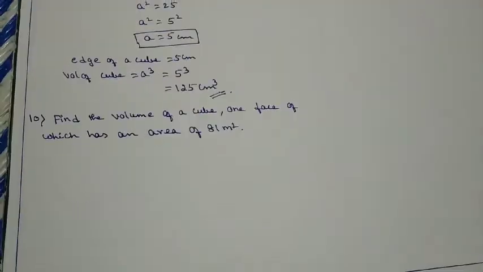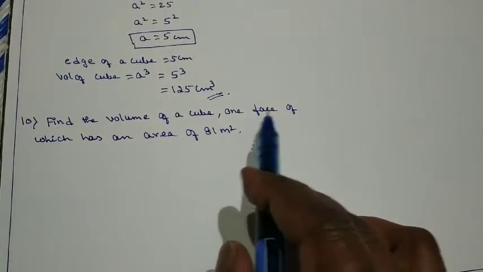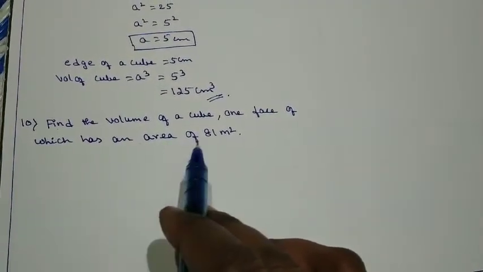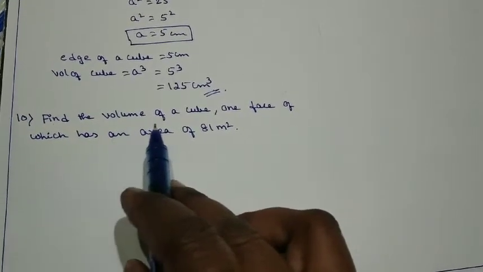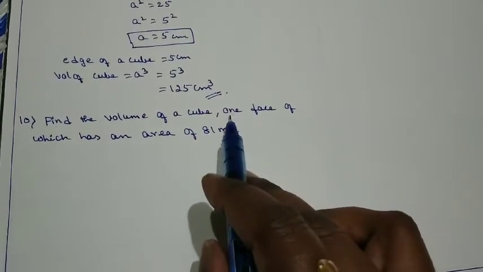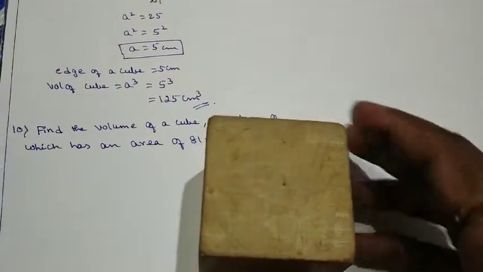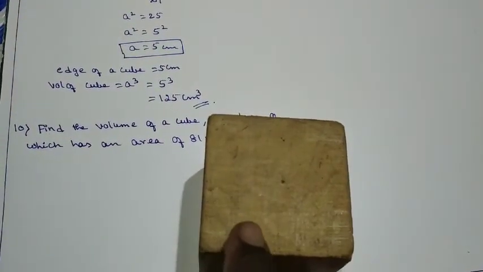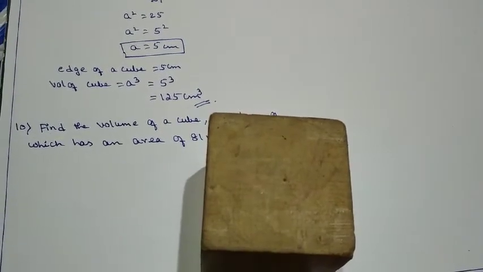Now let us move to 10th question. Find the volume of a cube, one face of which has an area of 81 meter square. Here also he is asking us to find the volume only, but the given information is one face area is 81 meter square. So we know that the cube is made up of the two-dimensional figure called square.